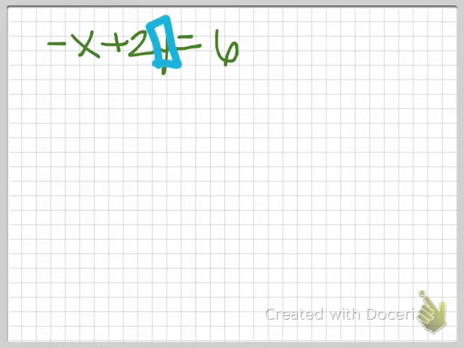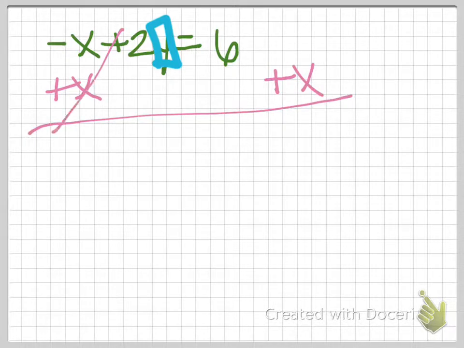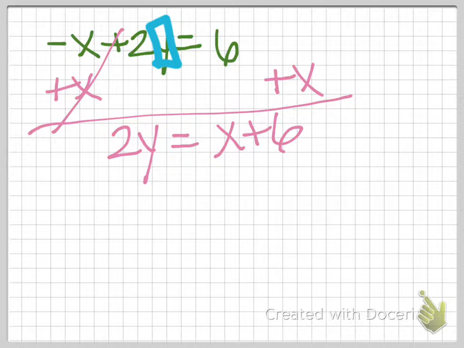So, working on that, let's add x to both sides. Alright, so once we've added x to both sides, and we can't combine these terms, you have 2y equals x plus 6, and you can rearrange these. I went ahead and did it on my own. Now, remember, this x has a 1 in front of it.